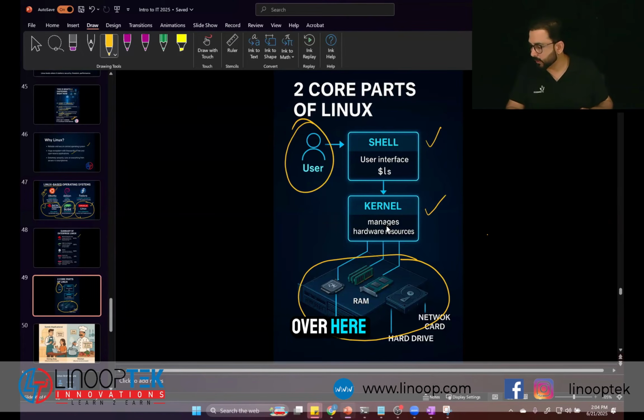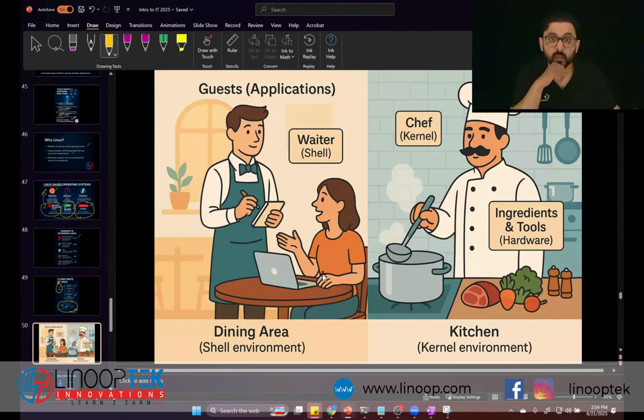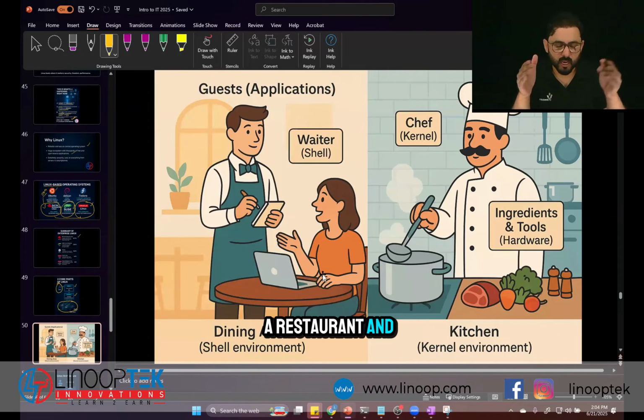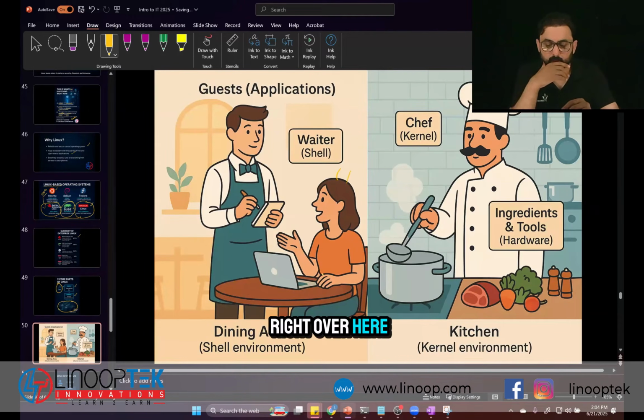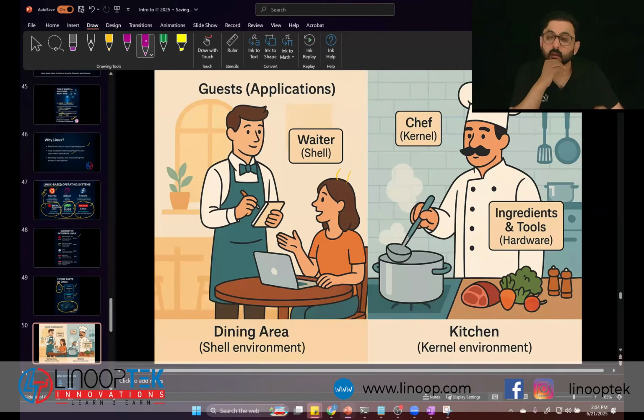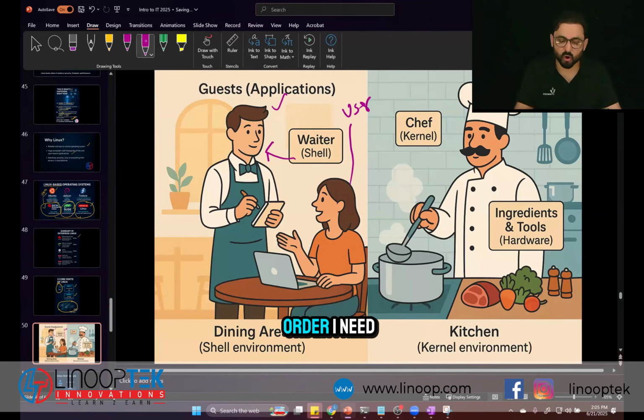So I'm going to explain over here. Understand this. You go to a restaurant and you're sitting over there, and you give your order to this waiter. In this case, you are the user. You are logged into the system. The waiter is a shell. It takes your order. I need chicken biryani. I need a salad. I need hummus. I need steak.